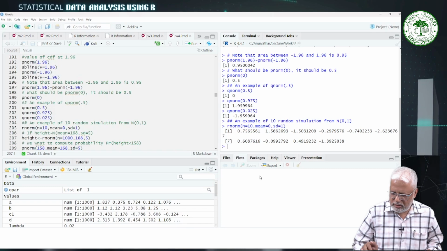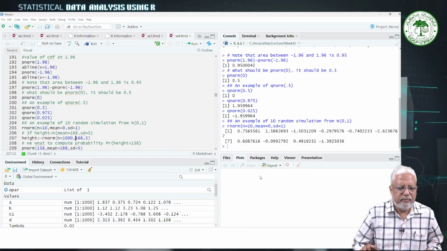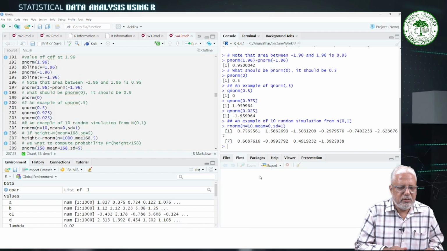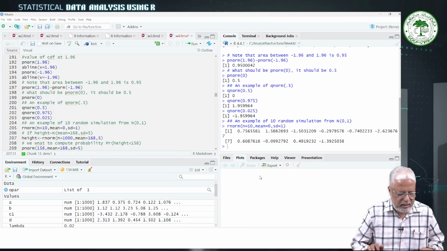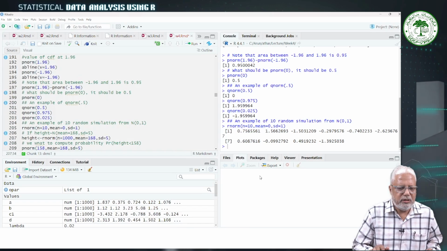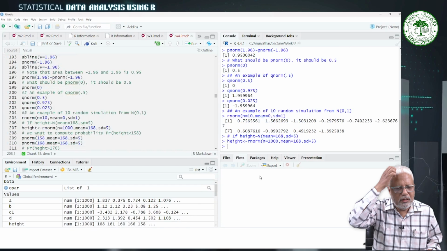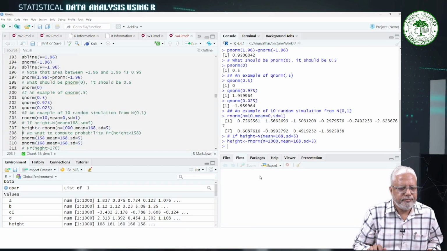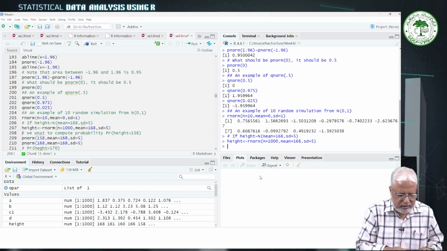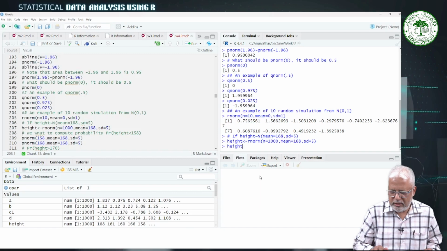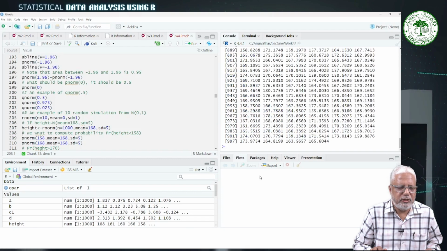So 1000 observations are being simulated, with mean height 168 centimeters and SD equal to 5 centimeters. We can look at the simulated heights, and these are the 1000 heights which are being simulated.